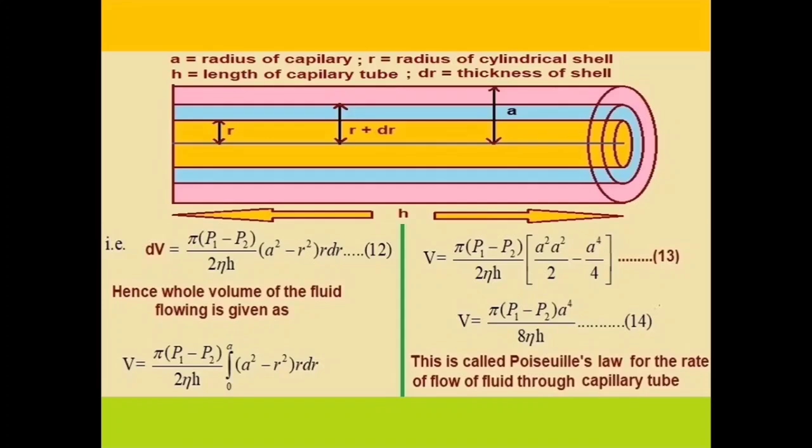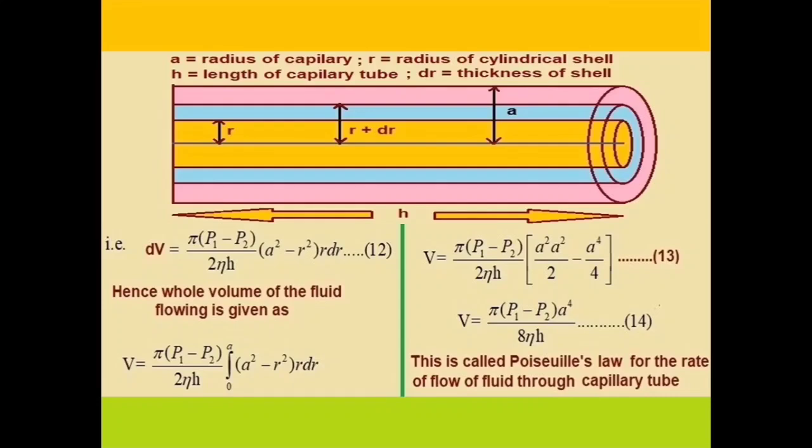This is equation 13. Capital V is equal to pi into (P1 minus P2) into a raised to 4 divided by 8 into eta into h. This is called Poiseuille's law for the rate of flow of fluid through a capillary tube.